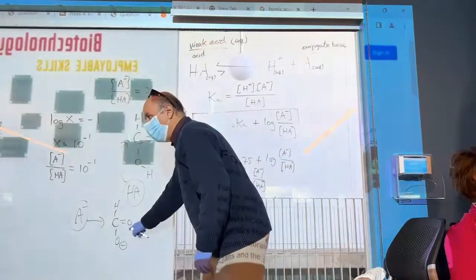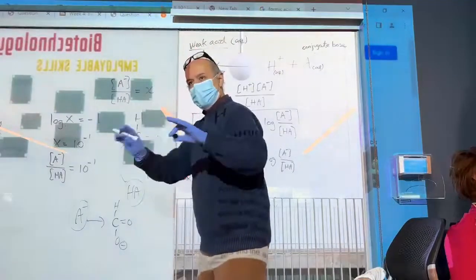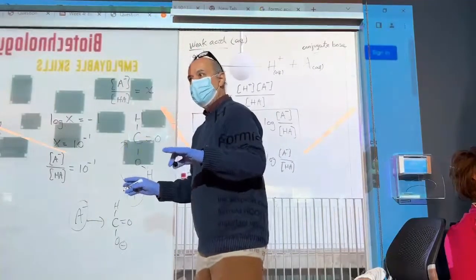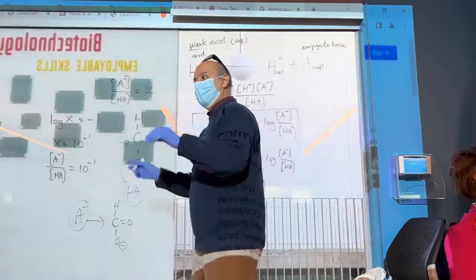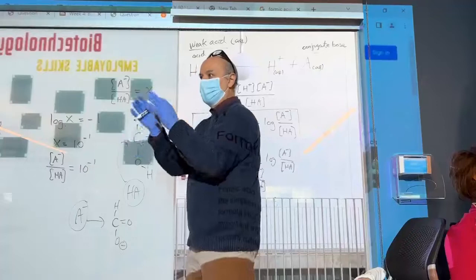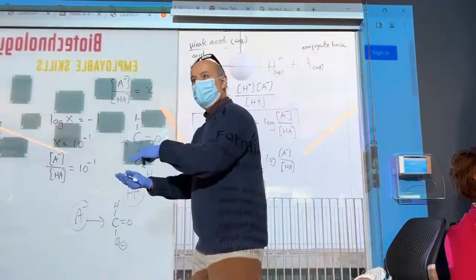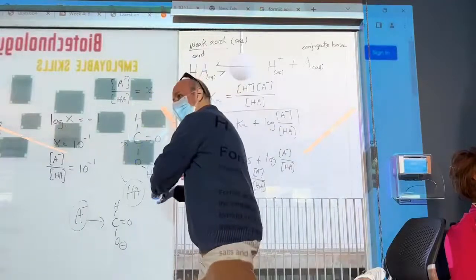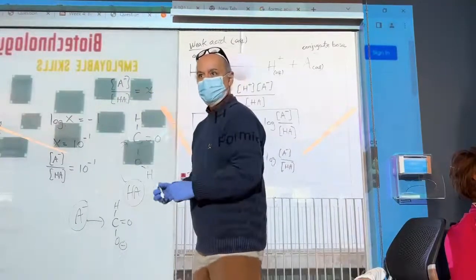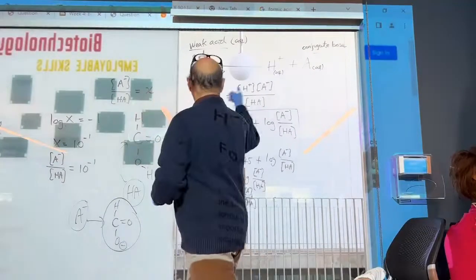So this is a formate. That's another terminology thing. The conjugate base of an acid changes its root from ic to ate. Acetic acid, acetate. Phosphoric acid, phosphate. Formic acid, formate. So this is the formate ion, which is the A minus.